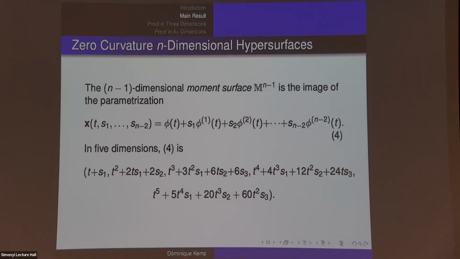And adding all of this up, it generates a hypersurface. Just to give you an idea of what this looks like formulaically, here's the computation in 5 dimensions. And we want to decouple thin neighborhoods of this hypersurface in arbitrary n dimensions.